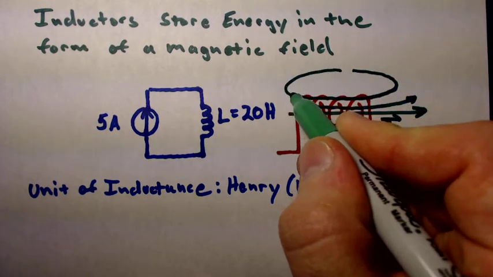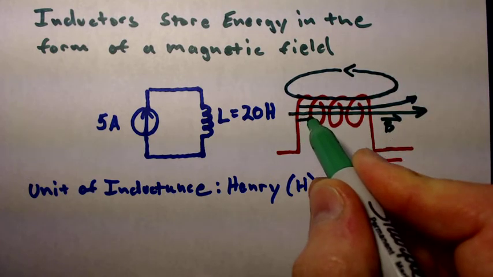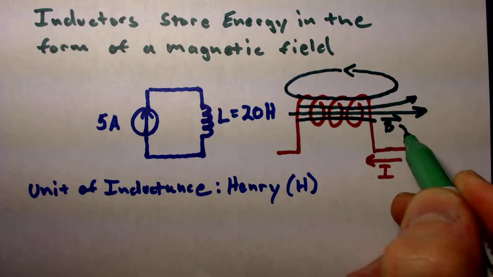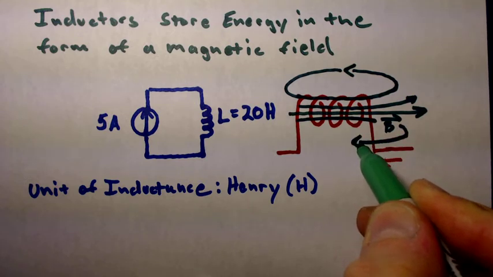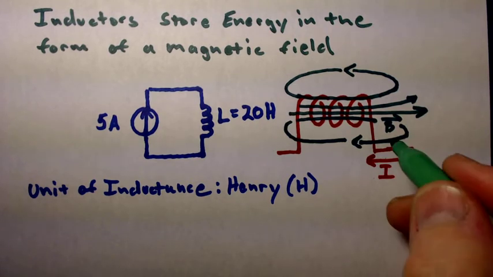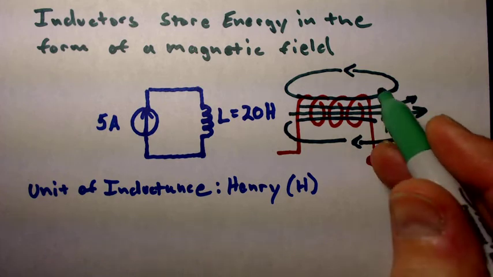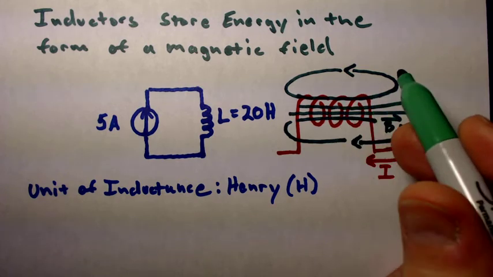And these will curve back in on themselves, just so you can have an idea of what's happening here. So as this inductor has current flowing through it, a magnetic field develops.